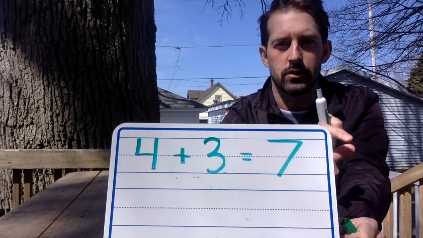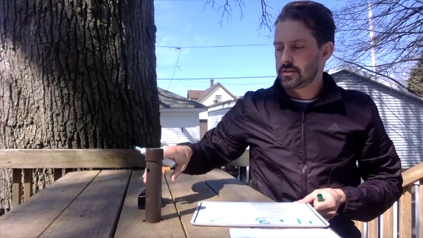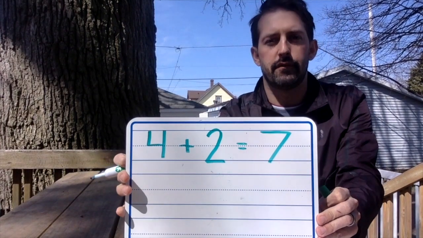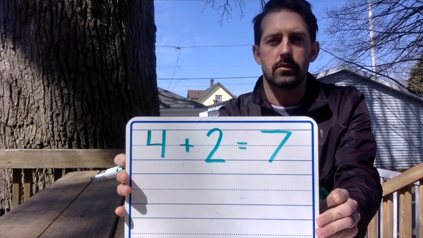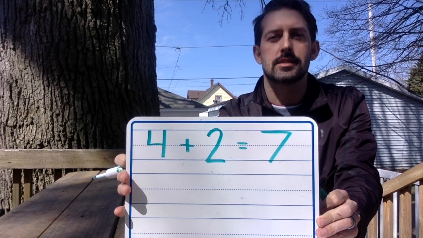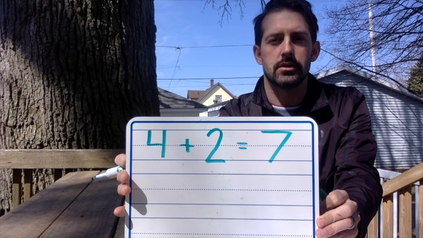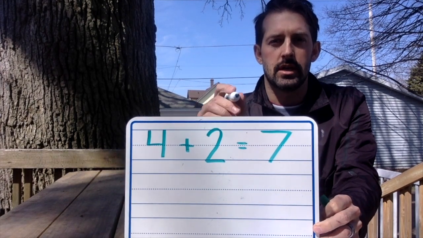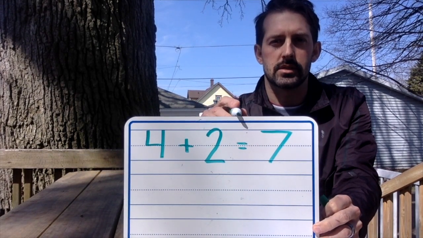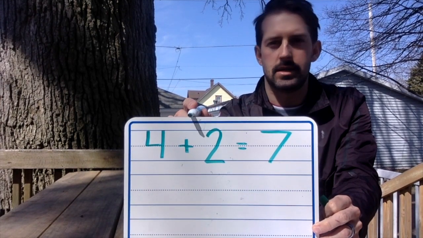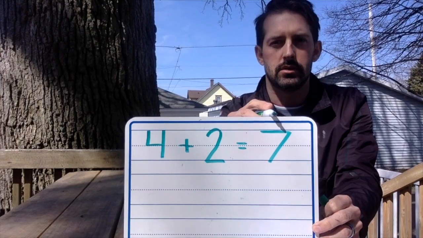I'll now show you another way to make this equation true. Again, the start of our equation was 4 plus 2 equals 7. This time, I'm going to change a symbol to make this equation true. The symbol that I'm going to choose to change is the equals symbol. 4 plus 2 is not equal to 7.